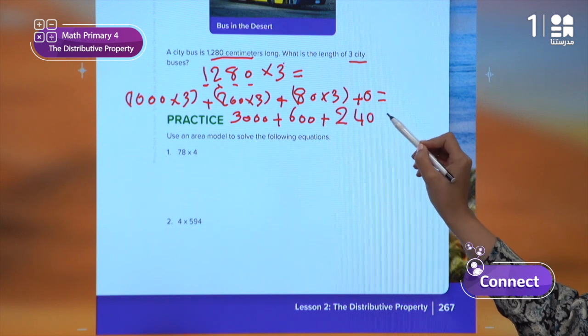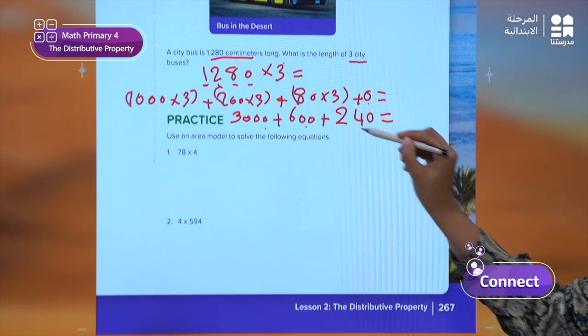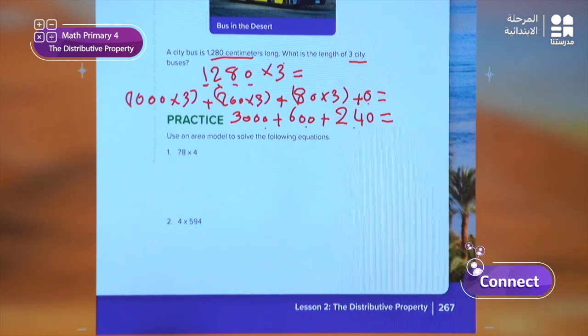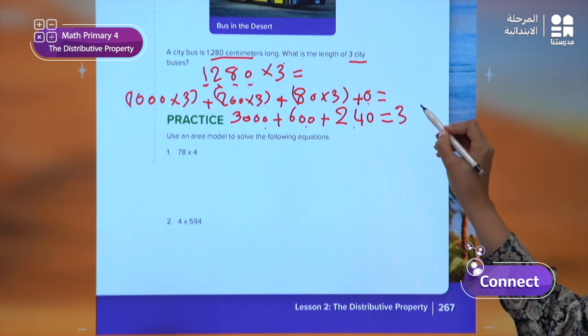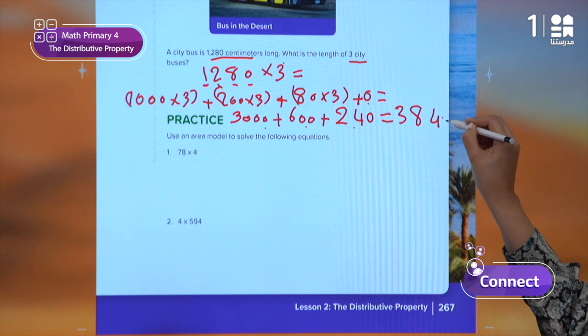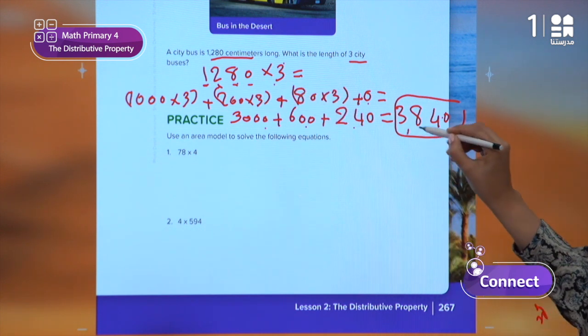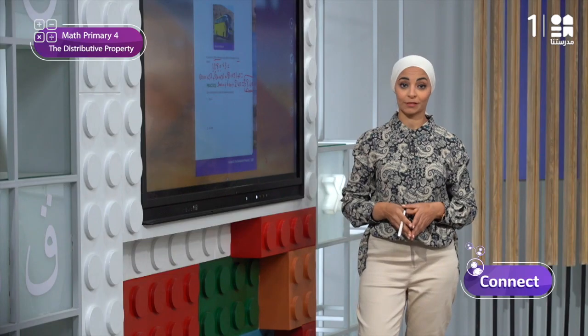Okay, so I will not write the 0. When I add all these numbers, 3,600 plus 240, the answer will be 3,840. And this means 1,280 times 3 equals 3,840.